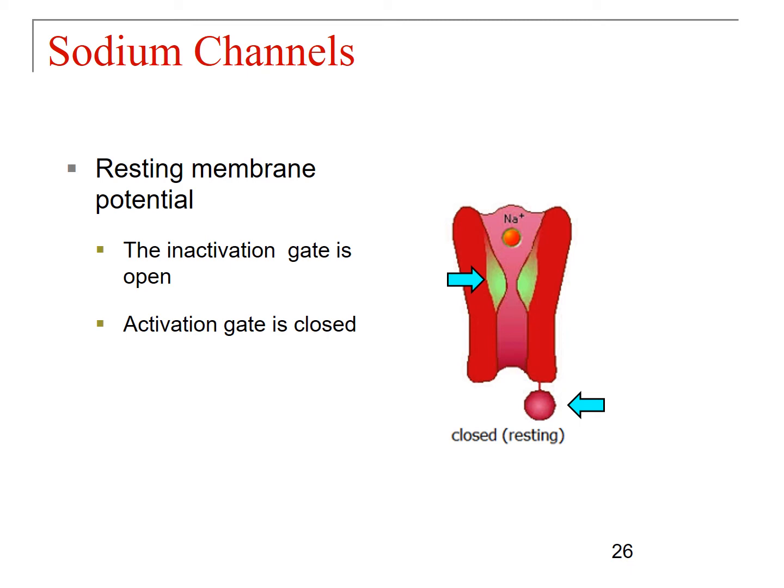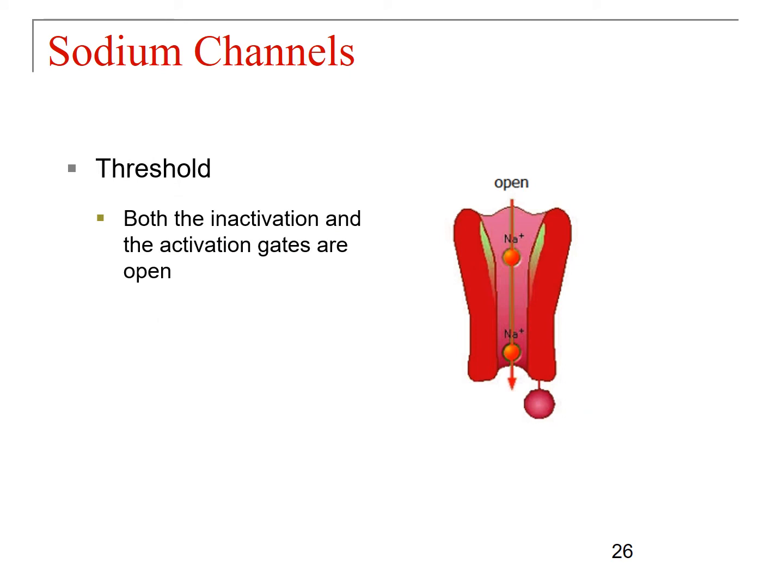Take a close look at the activation gate, that's the gate in green, and watch what happens. It opens up. Now at this point, when you hit -55 at threshold, these sodium channels open up, and now sodium is able to come through, and it comes through until you hit +30.